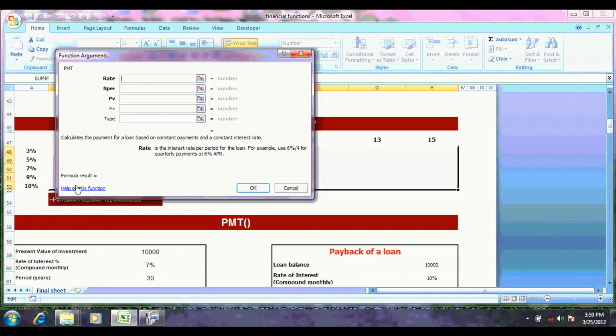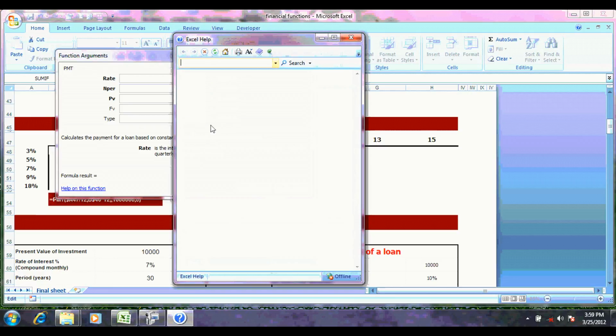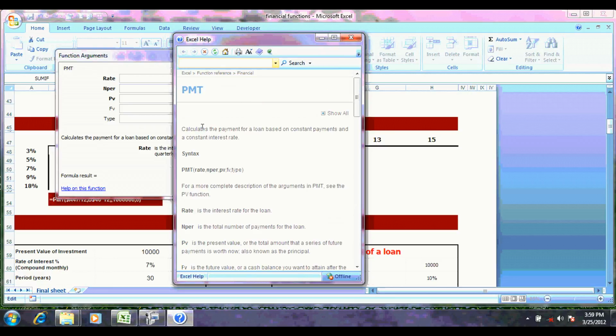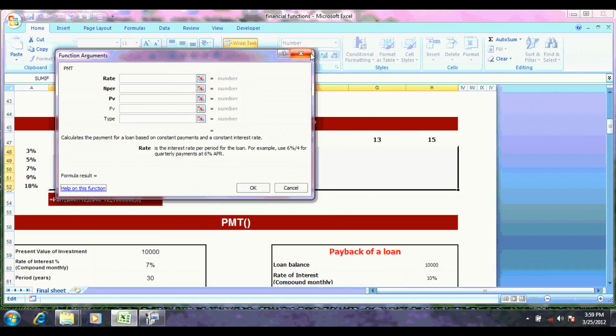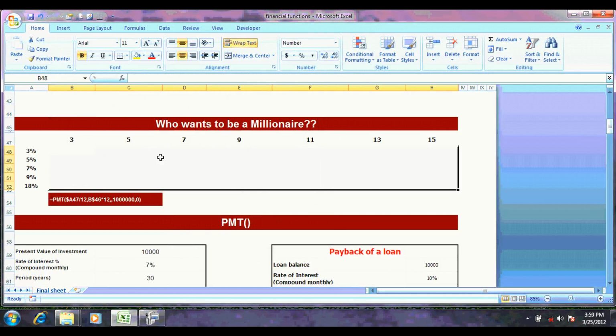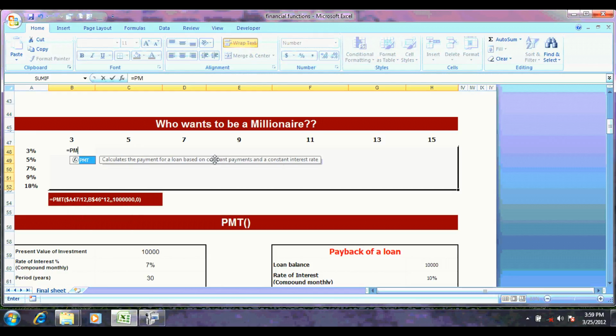Okay, you want to know more about PMT? Click over here. It calculates the payments for a loan based on constant payments and a constant interest rate. So it can also be used for calculating the payment which you need to make every month to retire as a millionaire. So equal to PMT. First is rate.